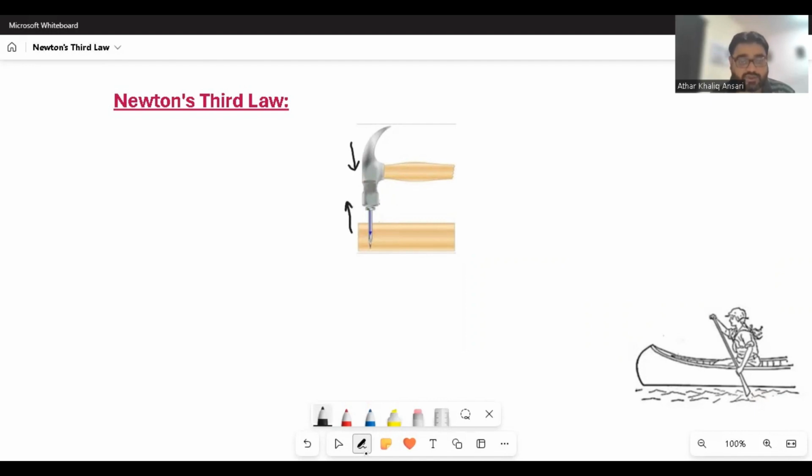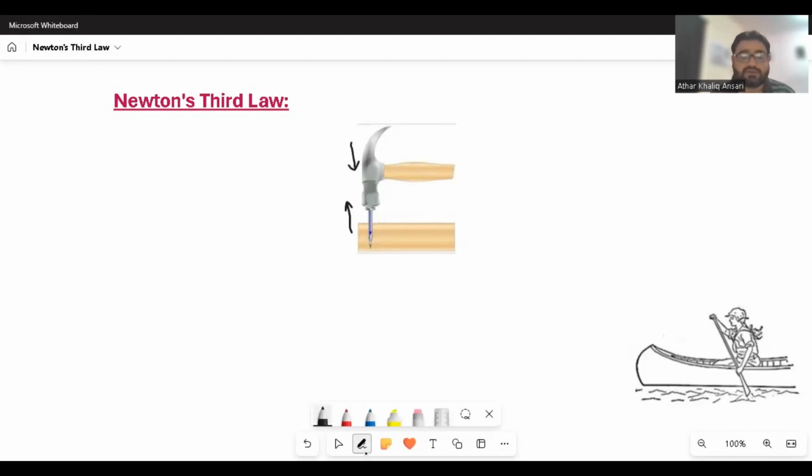That's why when you hit it hard, it starts slowing down and the hammer stops. So the force applied by the hammer on the nail is balanced by the force of the nail on the hammer, due to which the hammer reduces its speed to 0.